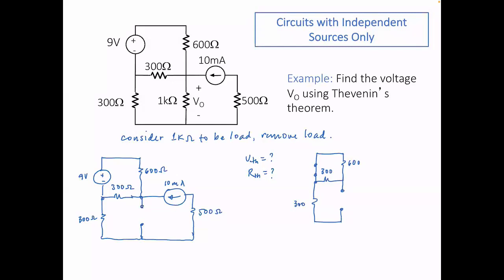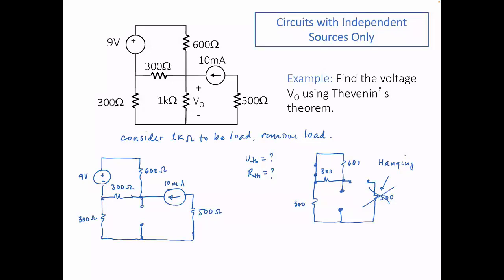What happens to my current source? My current source will be an open circuit. So this will be hanging. If it's hanging, we can remove it. So with respect to the load terminals, what is my RTH?